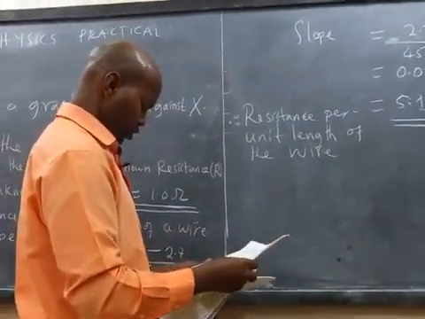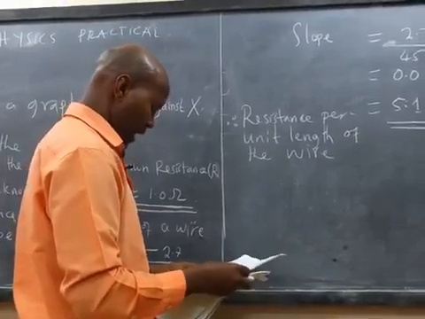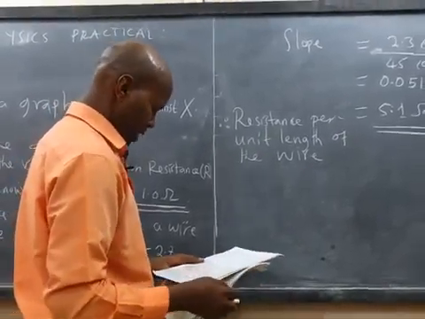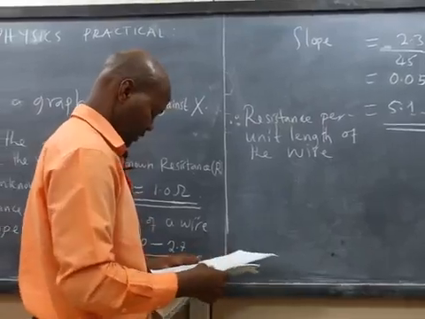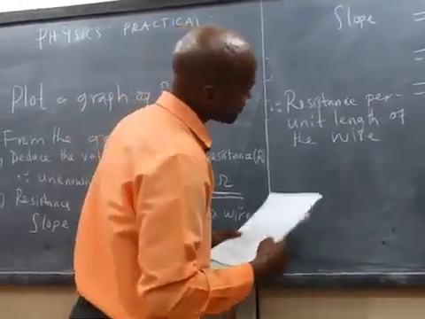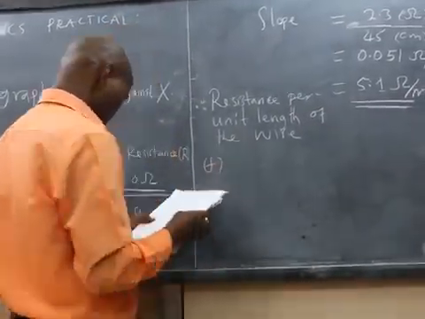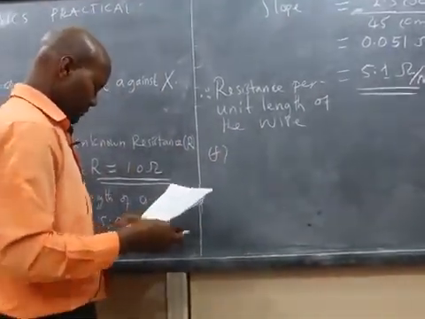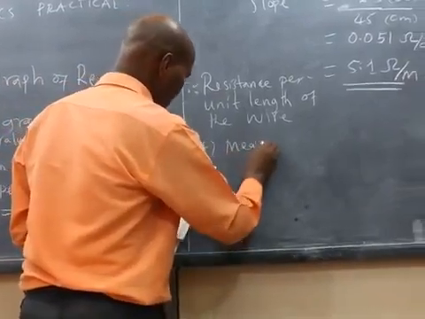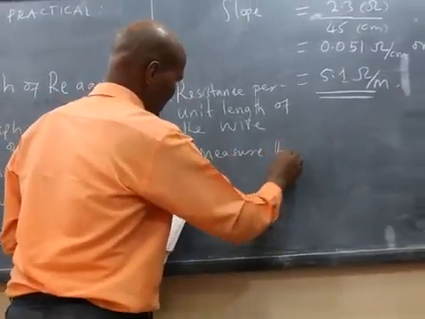Okay, F, we are told to measure the diameter of the wire and hence find the resistivity of the wire. Now let us measure the diameter.